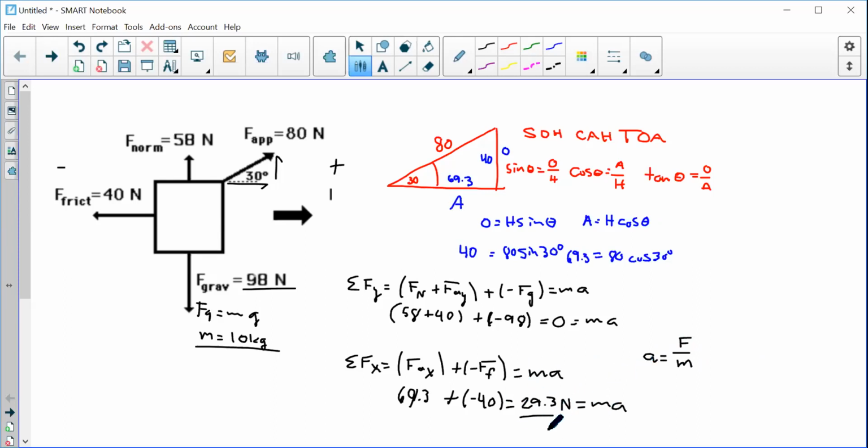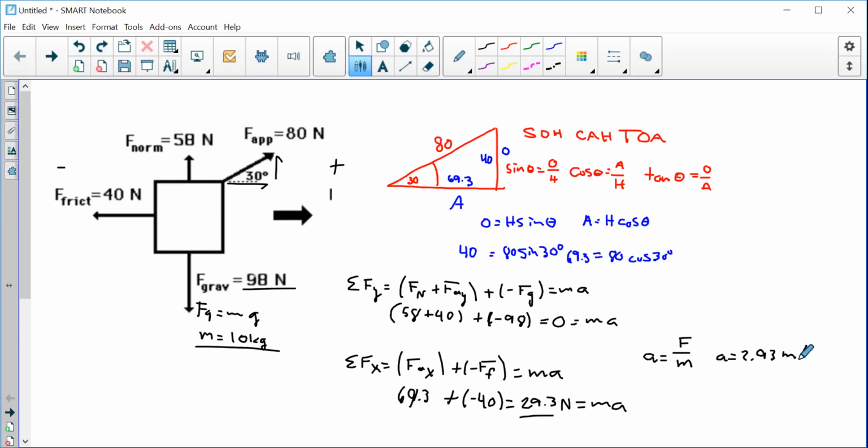So what is the 29.3 newton force divided by the mass equal to? Is it 2.93? It's going to be 2.93. They picked the mass of 10 just to make that math easy. So we find that acceleration is equal to 2.93, almost 3 meters per second squared.